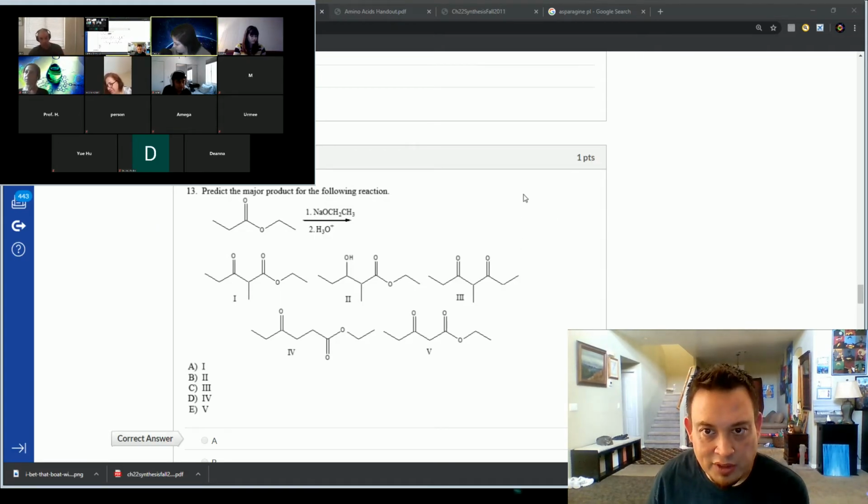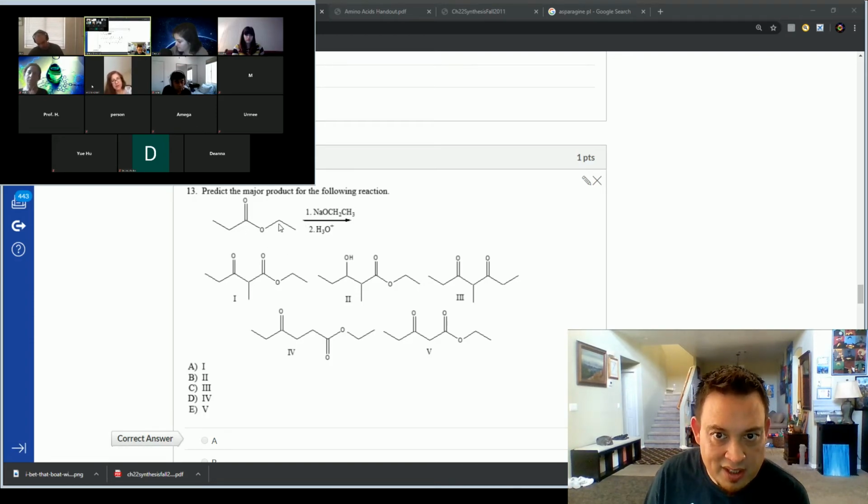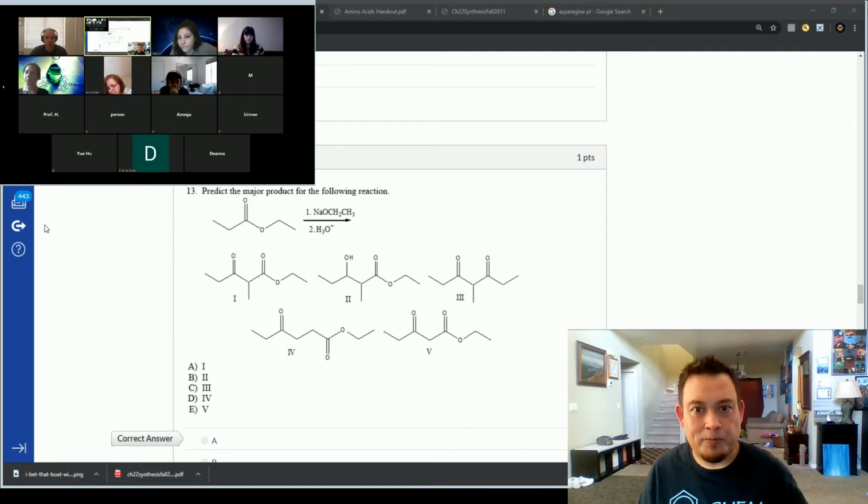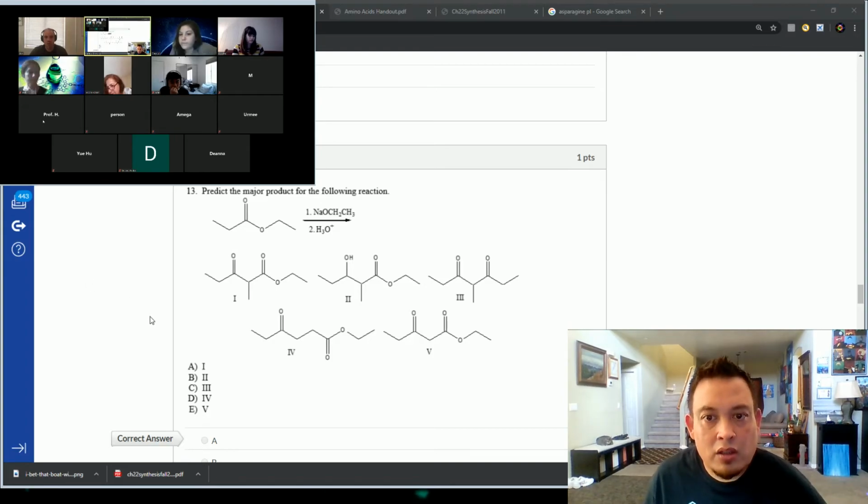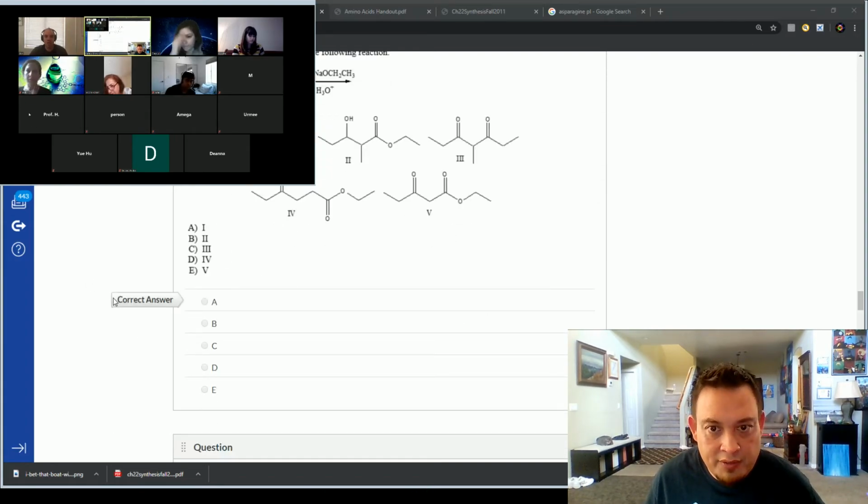So the first thing you do is you deprotonate with this, get the enolate, and then that reacts with another equivalent of itself and trades out that for the OEt. Yes. So if you're looking at the answer right here, this part right here is the original piece, and then this is the new part right here. So all right, A for that one.